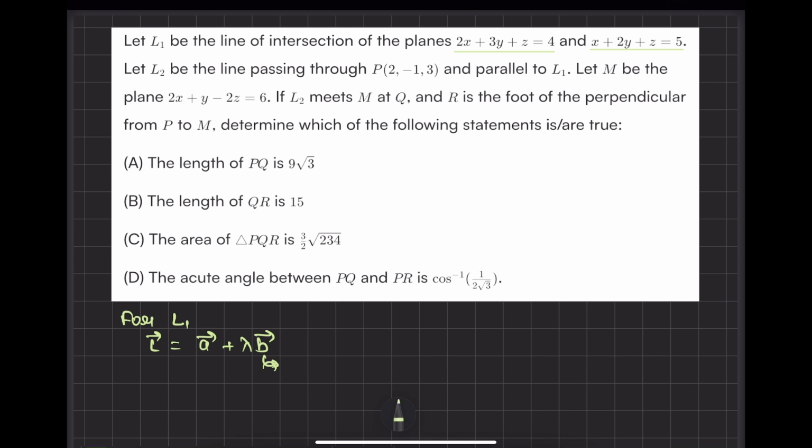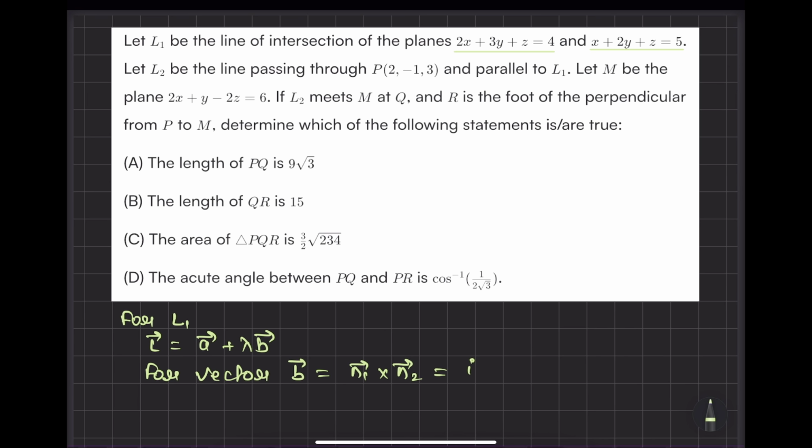And we will get the value of vector B from the cross product of n1 and n2. So I'm going with B for the vector. B should be n1 cross n2.